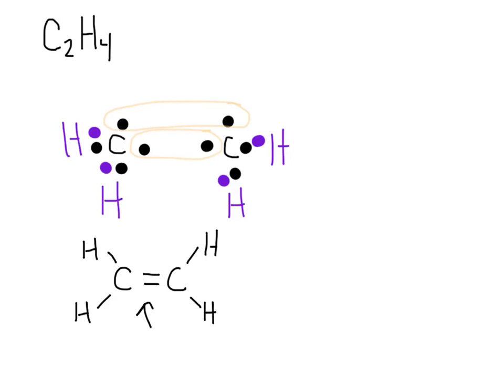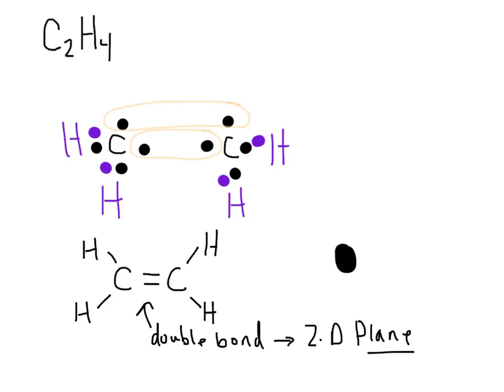Whenever I have a double bond, it is going to force the molecule to lie in a 2-dimensional plane. Okay, so this is going to be in a plane. We don't have a specific name for this kind of drawing, but let me put it into a drawing where you can see with just shapes like we would make in lab with our Tinker Toys that we've been playing with, or will play with if we haven't.